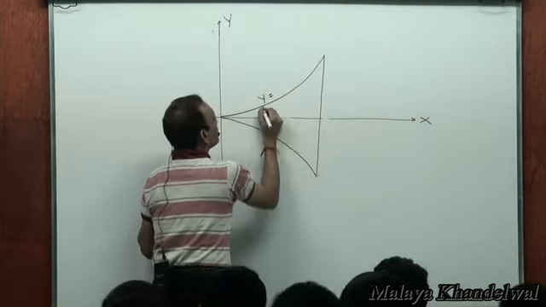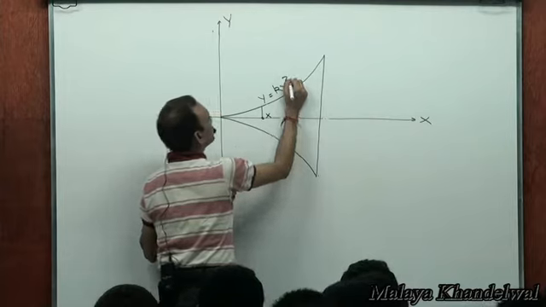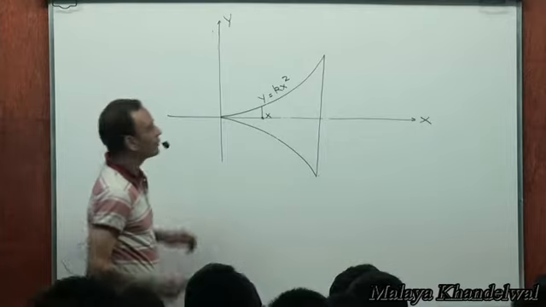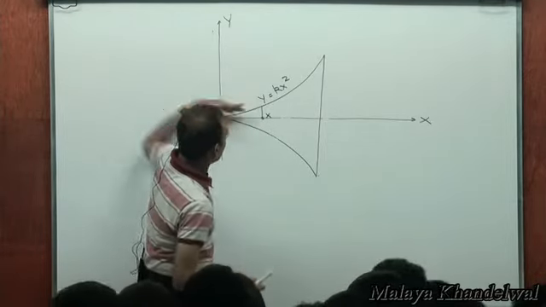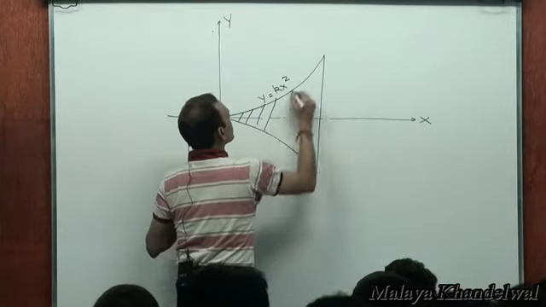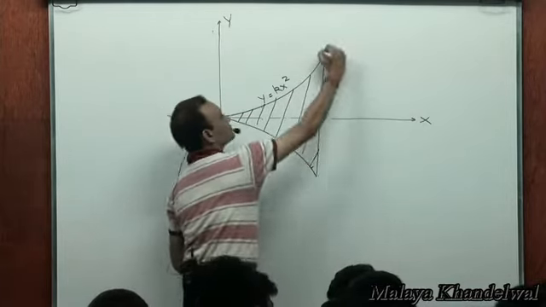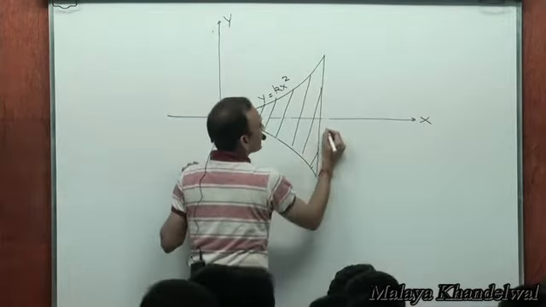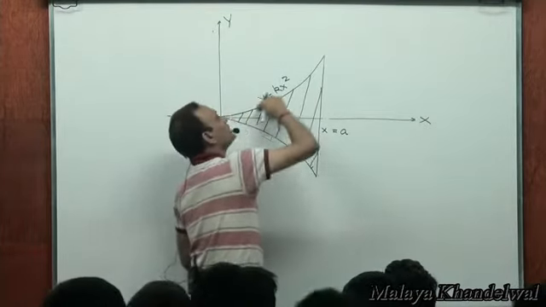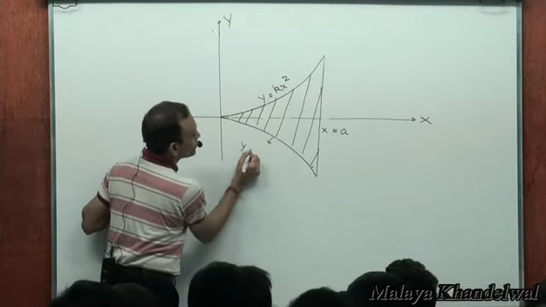The y for any given x here is kx squared. For any given x, this is the sheet. Say this line is x equal to a. This is a bounding line. This is y equal to kx squared, and say this portion is y equal to minus kx squared.